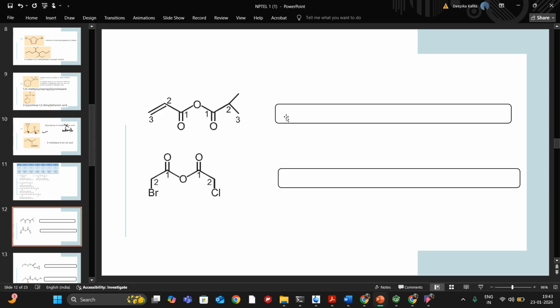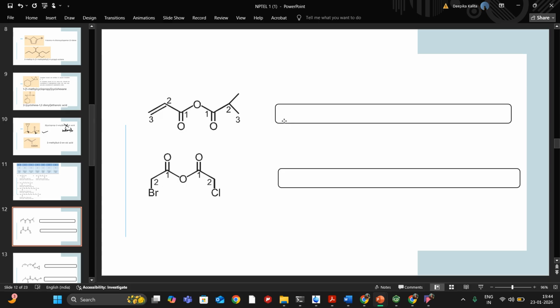Now in this compound, we will look at the two sides of this anhydride. On one side we have a methyl substituent in the second position, and on the other side we have a methylidene substituent, that is a carbon-carbon double bond on the second position.